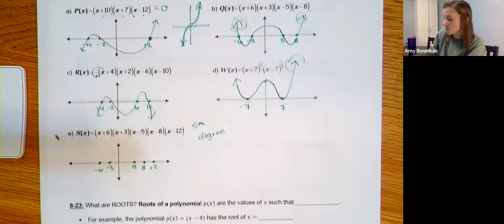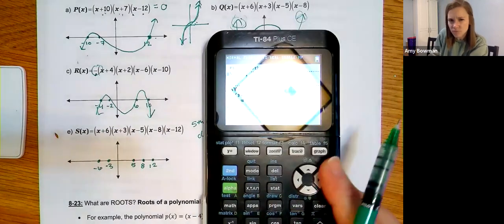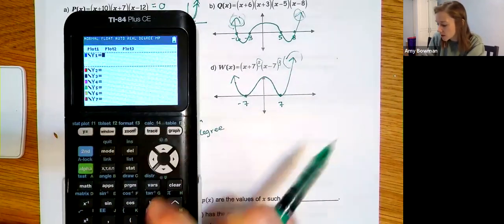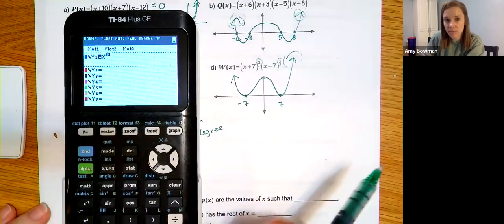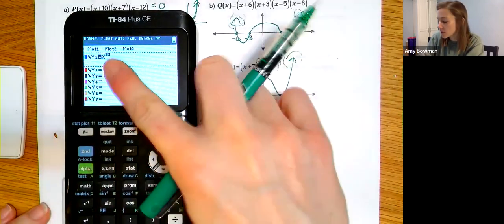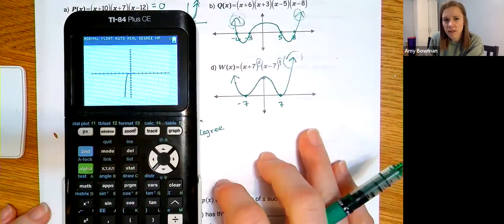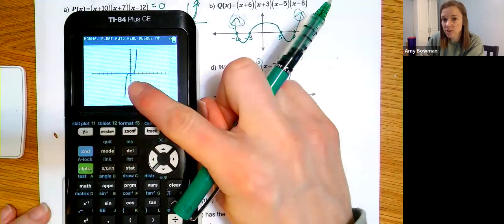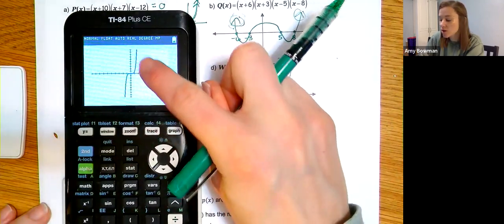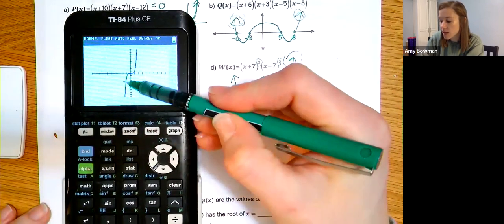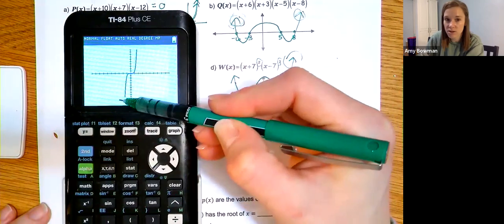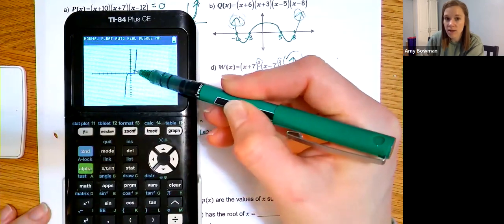So we can take a quick look at what the parent graph of x to the 5th looks like. So I'm plugging x to the 5th into my calculator. I can look at my graph and you'll see that it looks really similar to x to the 3rd. So x to the 5th behaves very similarly. It starts down here and then curves a little bit and then goes up.